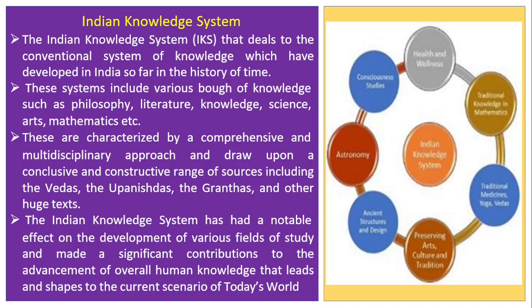To begin with, mathematics is one of the branches that developed in India, and there are several facets of knowledge that existed and grew as the civilization developed in India.